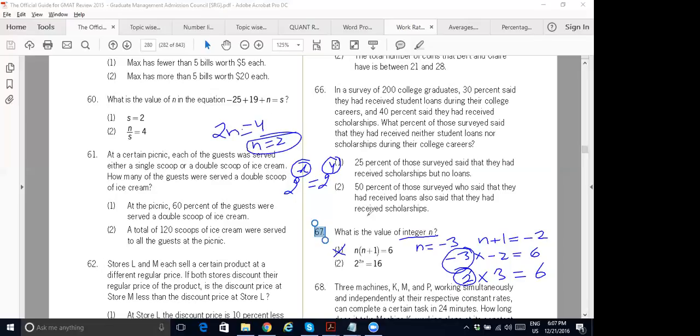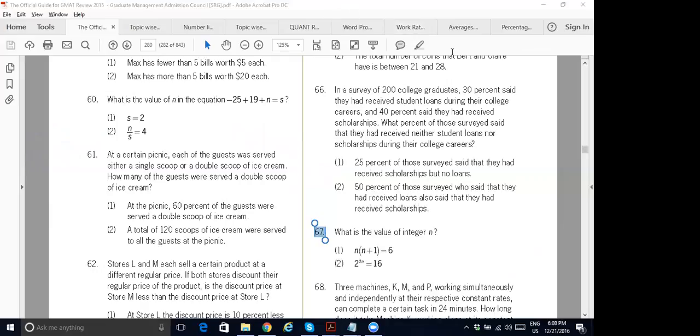If n is any other value, for example in the negative territory, then on the left hand side of the equation we will have 2 raised to a negative power equal to 16, which is not possible, because 16 is 2 to the 4. So negative cannot be equal to 4. So n must be positive in statement 2. So 2 is sufficient. 2 is sufficient, correct. Make sense? Yeah.